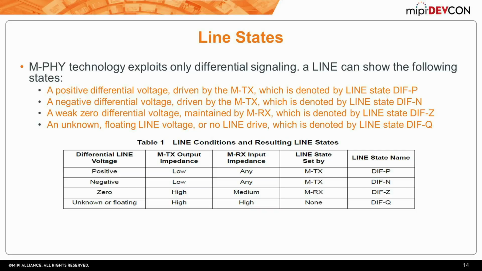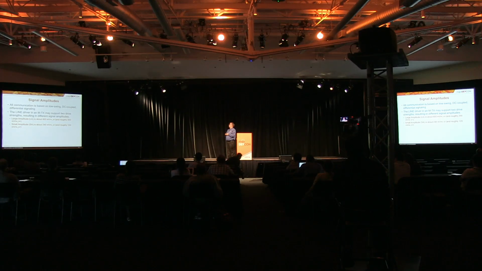Diff-N is a negative differential voltage. And then these other states called Diff-Z and Diff-Q, which are a weak zero differential voltage maintained by the receiver, and then this floating voltage, which is called Diff-Q. So really when a link is in a sleep or a hibernate state, we'll talk more about those in a moment, it's going to use one of these line states. So effectively, it's using as little power as possible in those states.